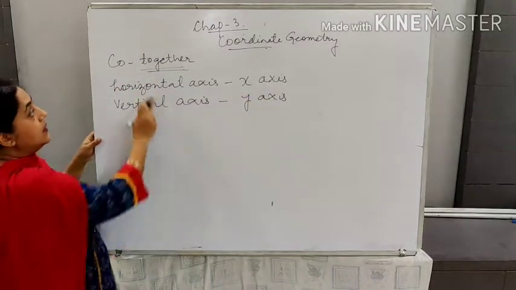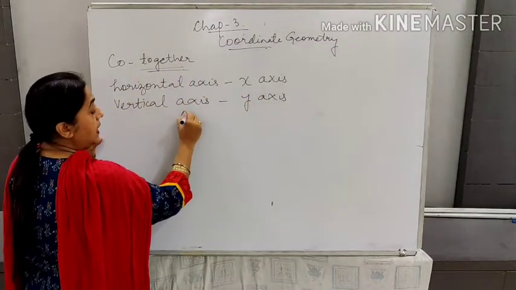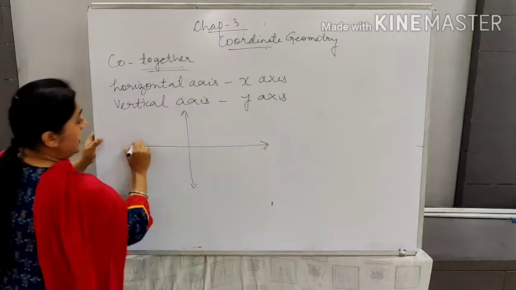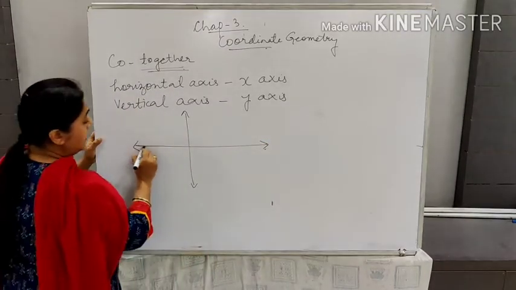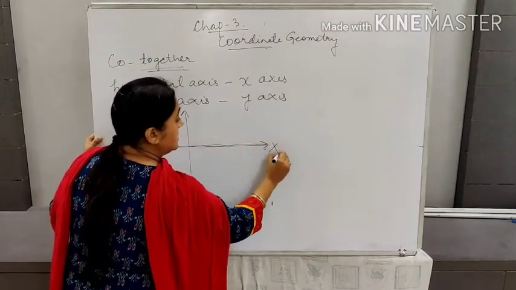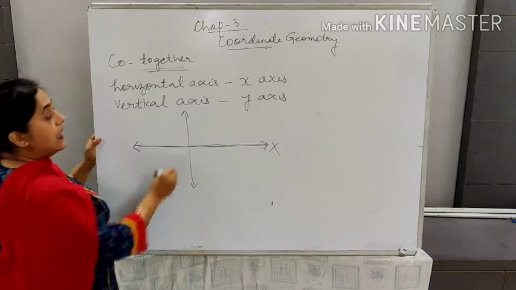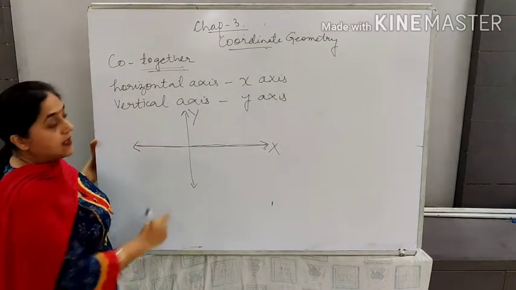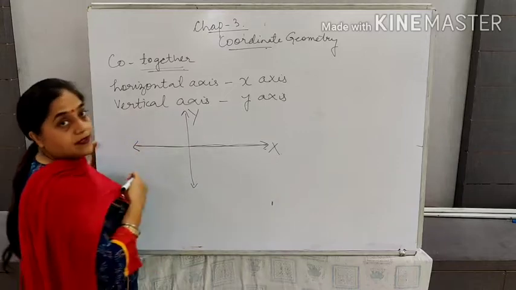So when I talk about coordinate geometry, I am talking about an x-axis and a y-axis. The horizontal axis is the x-axis, denoted by capital X, and the vertical one is called the y-axis, denoted by capital Y.